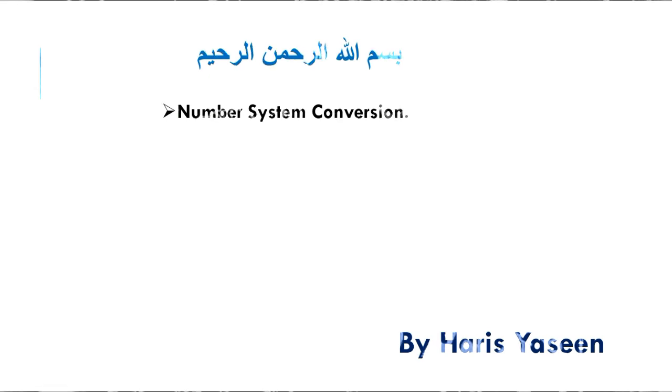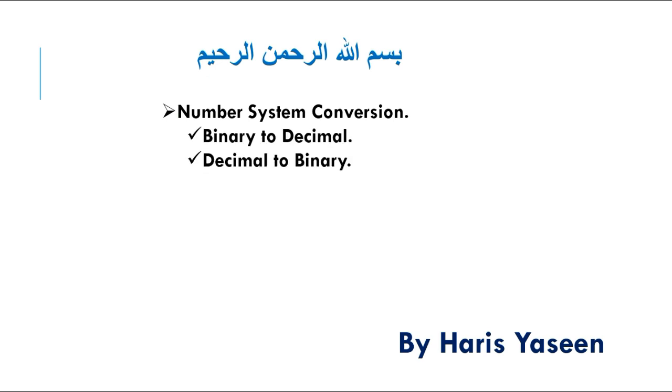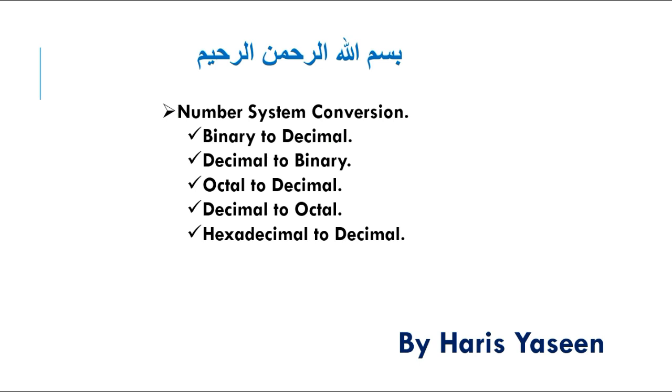It is called conversion. Here, there are 6 types of number system conversion in our course: binary to decimal, decimal to binary, octal to decimal, decimal to octal, hexadecimal to decimal, and finally decimal to hexadecimal.